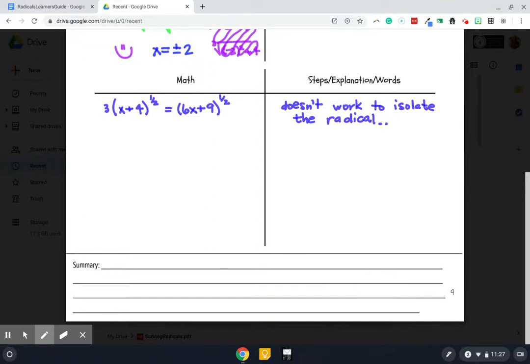So since it doesn't really work, we're going to just have to get rolling with our exponent. So in this problem, we've got this right here raised to the 1/2. Notice the 3 is not part of it. Ignore the 3. And we've got this right here raised to the 1/2.